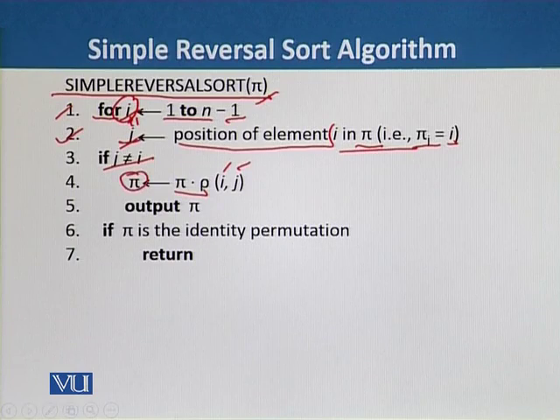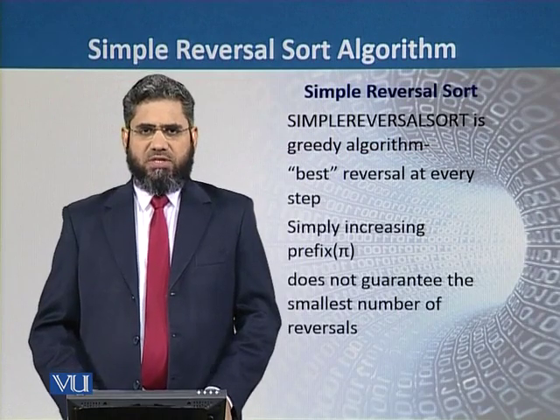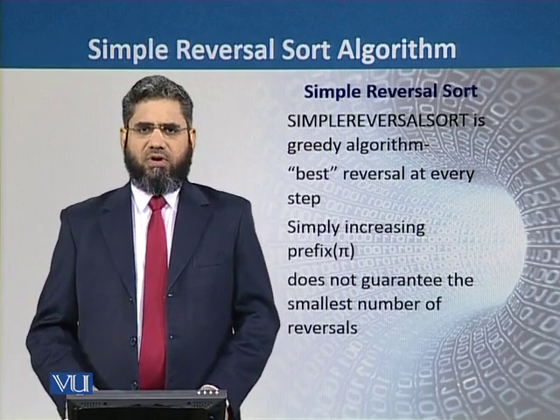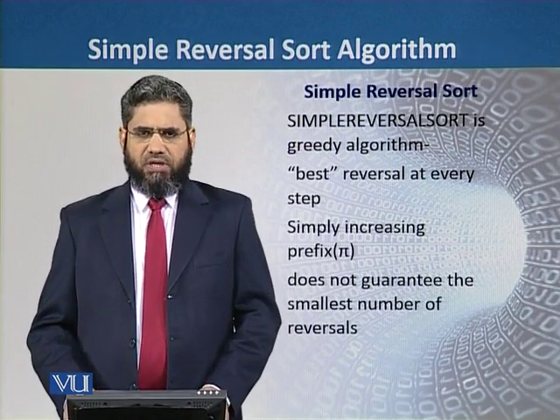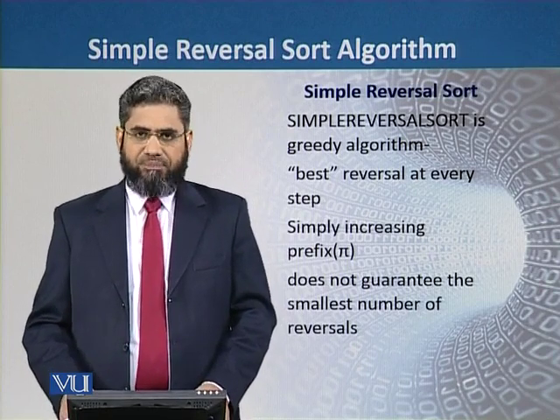So we will get pi in the ordered form. And if pi is the identity permutation, it means that once we achieve the identity permutation, we get the answer. So simple reversal sort is a type of greedy algorithm that chooses the best reversal at every step.